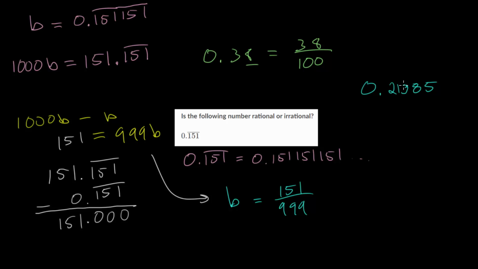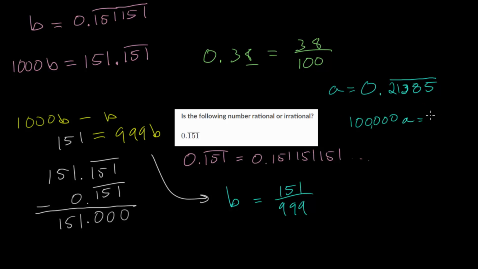so let's say you have 0.23485, so that's 5 places there, and this is repeating. You would need to call this some letter and then multiply by 10 to whatever place that is. So 10 to the 5th power, so a 1 followed by 5 zeros, which is 100,000.